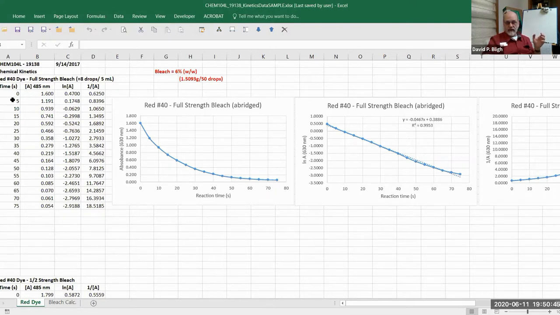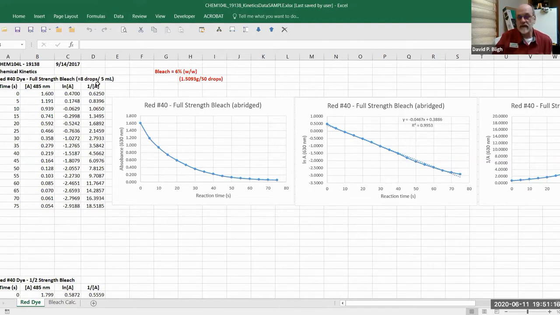Each time interval has an absorbance, and then you want to transform each one of those, because if you graph time against absorbance or concentration, and you get a straight line, that's 0 order. If you transform that data into the natural log here and graph x-axis time and y-axis natural log, you get a straight line there, that's first order.